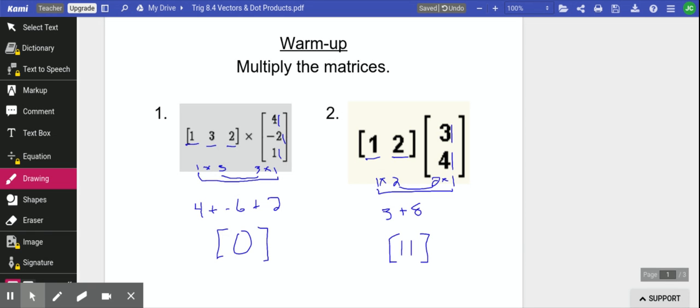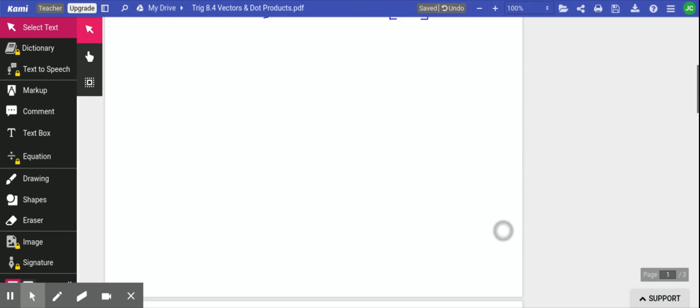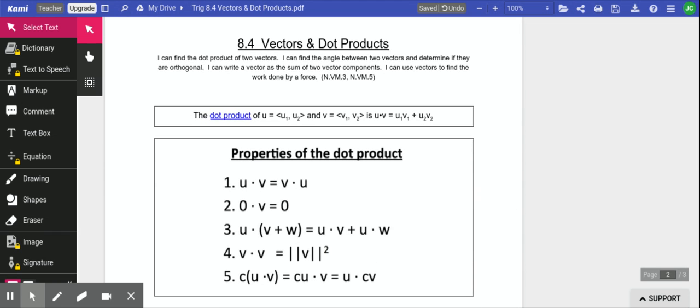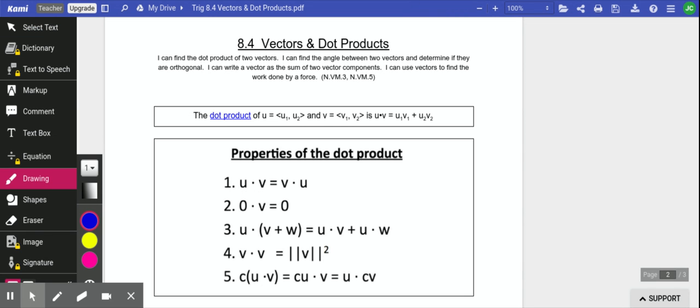The reason I bring this up is we are multiplying vectors today. Last lesson, we talked about vector addition and scalar multiplication, where we were multiplying a vector just by a number like 2 or 3. We can also multiply 2 vectors together. If we're multiplying vector u times vector v, the way we do it is called a dot product.